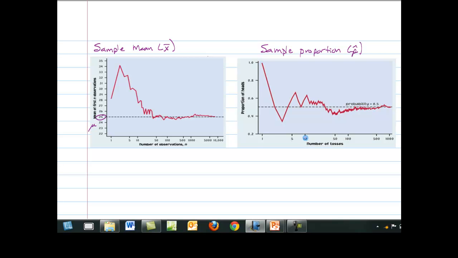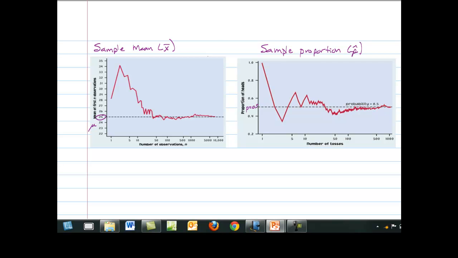Now as we move on and I toss the coin 10 times, the proportion of heads looks to be a little bit more than 0.5. Well, if it's a fair coin, we would expect my value for p to equal exactly 0.5, and that's what this line is. Now as we see here, as we toss the coin 100 times, 500 times, 1,000 times, etc., we get closer and closer to that true population proportion. So that's the law of large numbers.